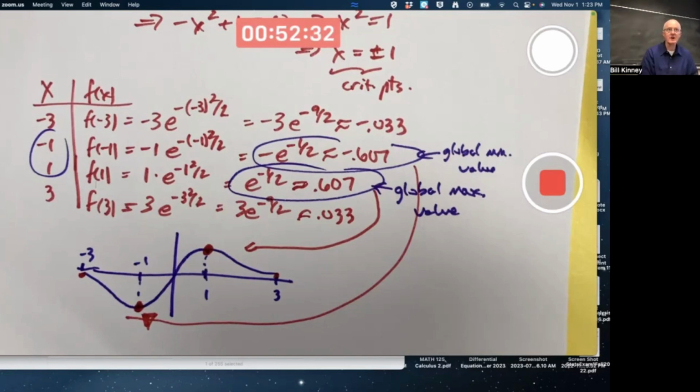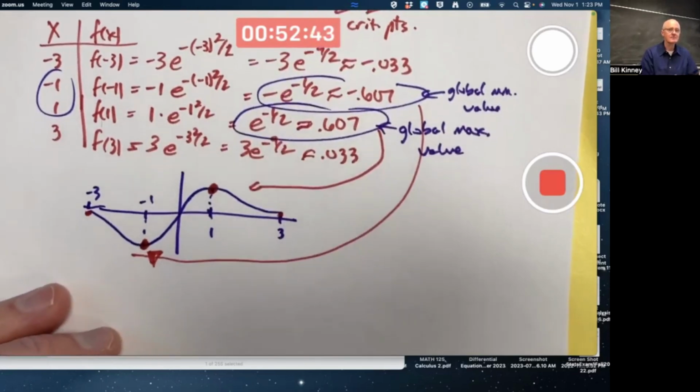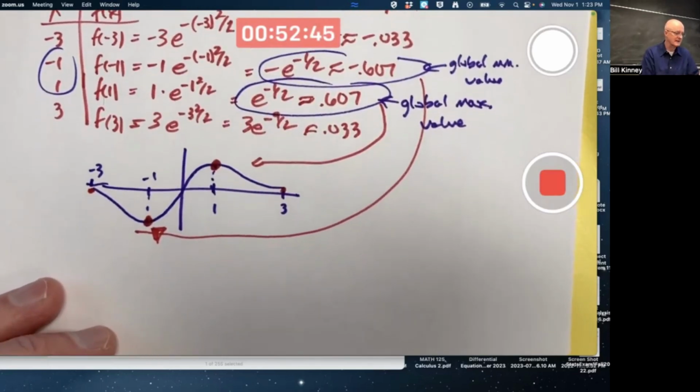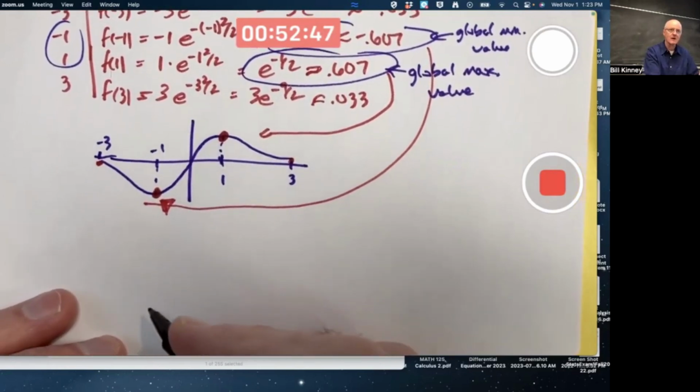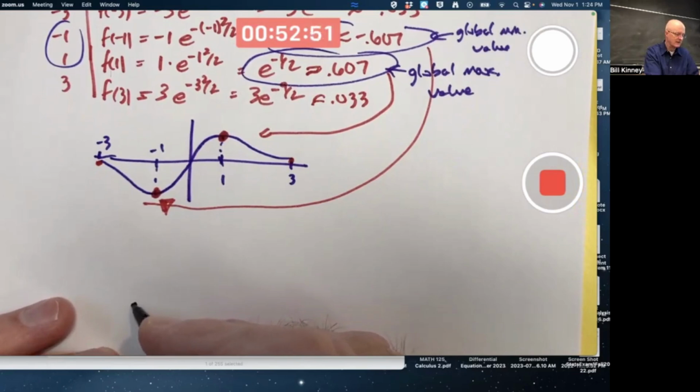Could a global min occur at an endpoint and a global max at a critical point in the interior? Yes, that could happen. Could I make up such an example? I won't make up a formula, but I'll draw a picture. Could a global min occur at the left endpoint, but the global max not at the right endpoint?